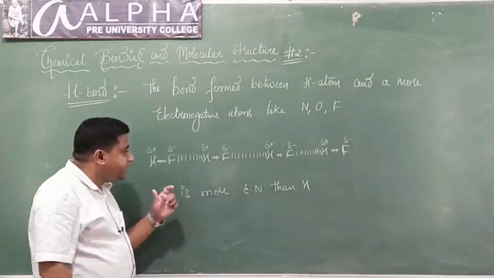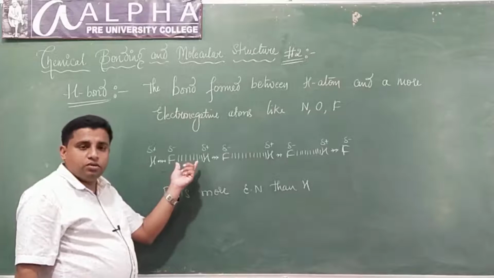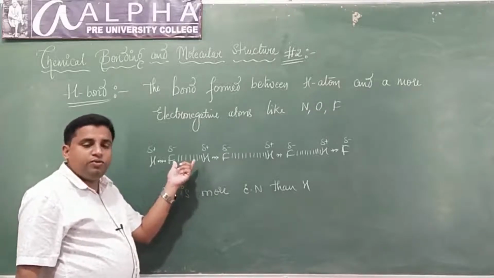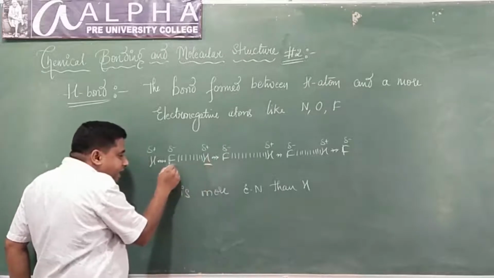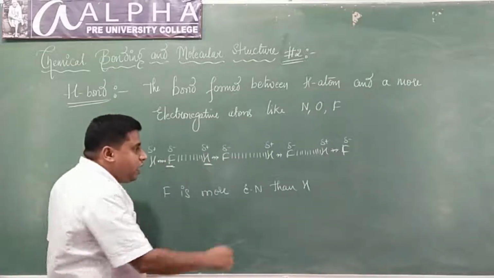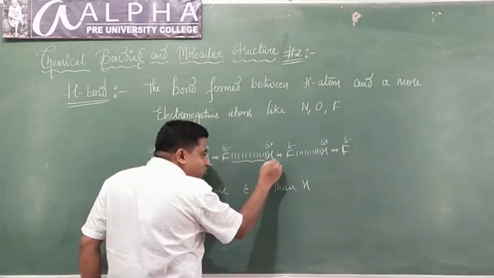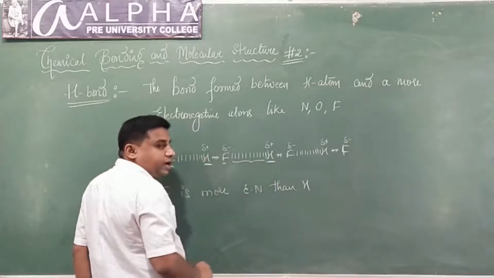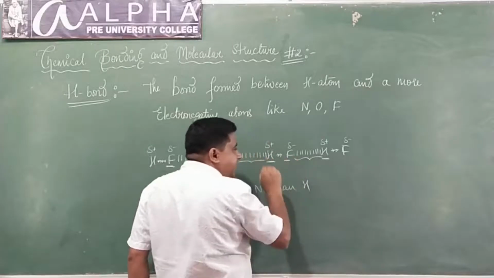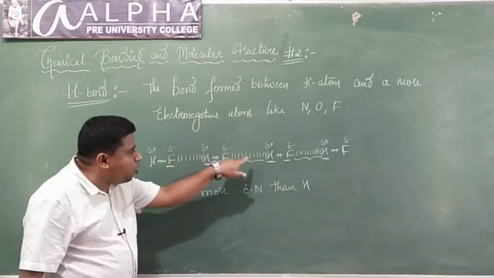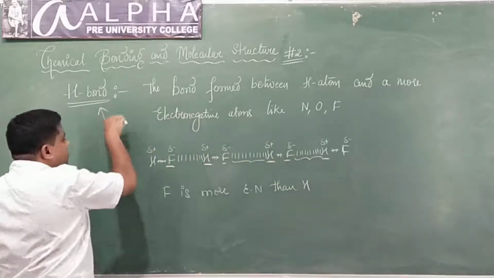Am I correct? Look here, there is a bond formation. A bond is formed between what and what? A bond is formed between hydrogen atom and a highly electronegative atom. So what is this bond called?